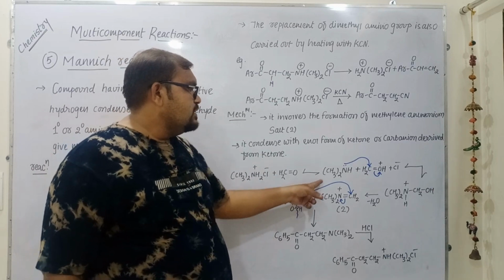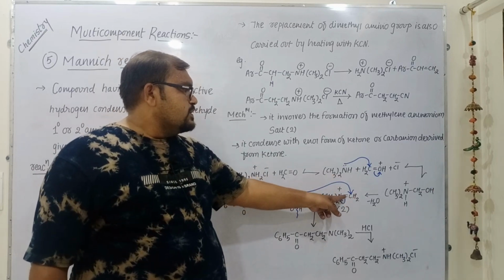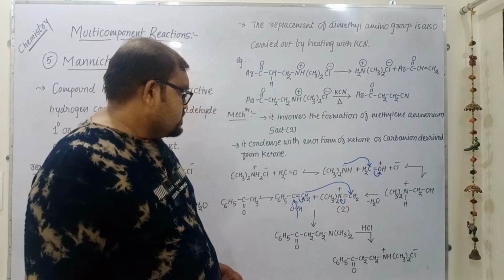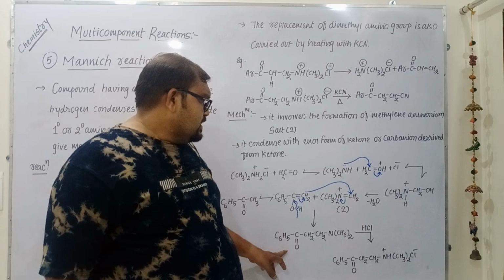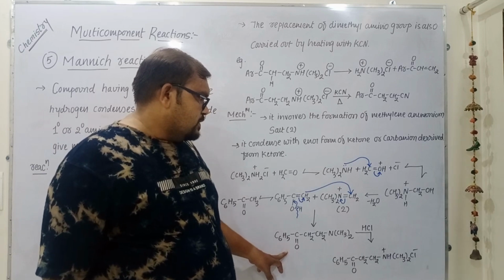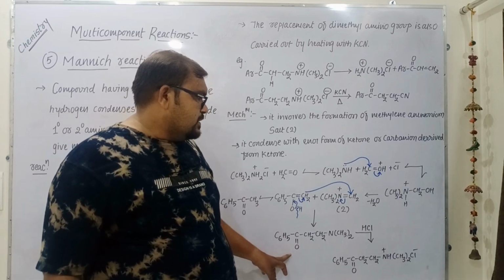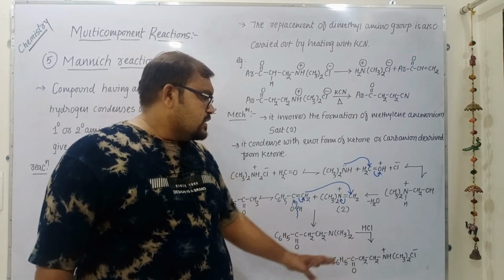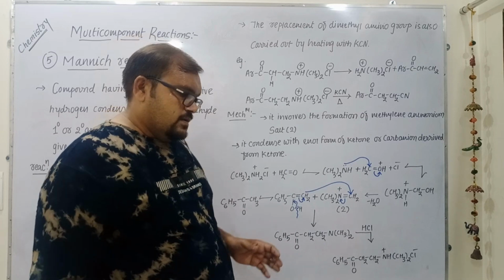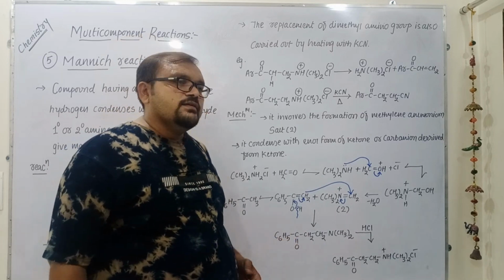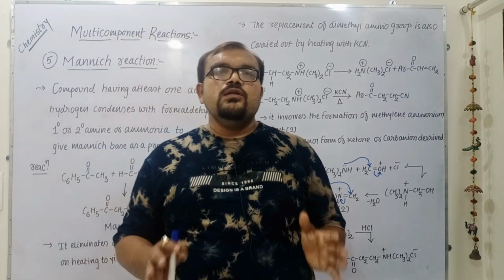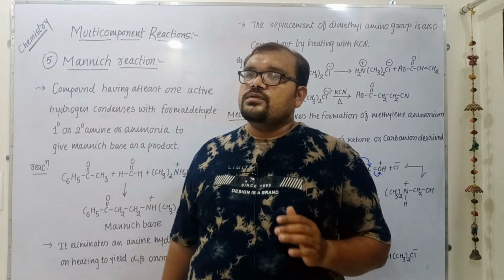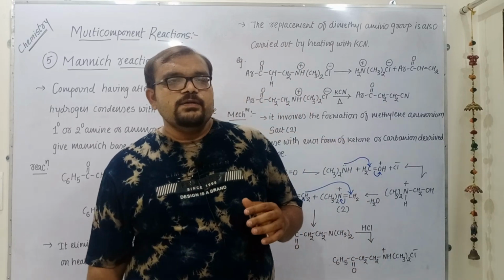This carbanion will attack over the CH2 group, and this pi bonding electron will satisfy the charge of nitrogen. So we will get such a compound, right? Then it will react with HCl to give such a compound, and by this way we will get our desired product, and this whole mechanism is known as the Mannich reaction.